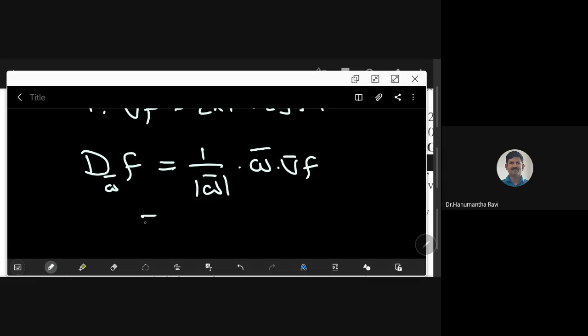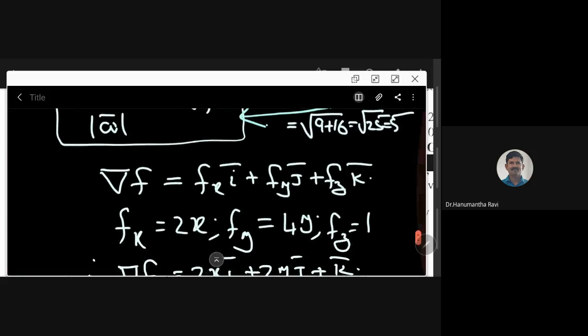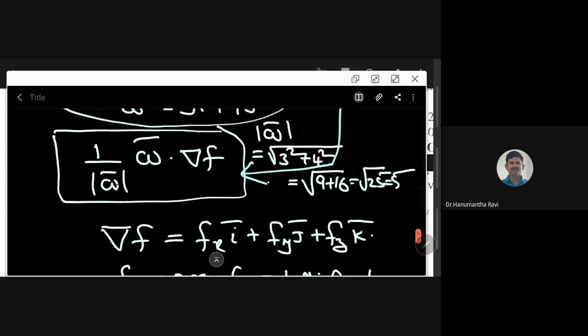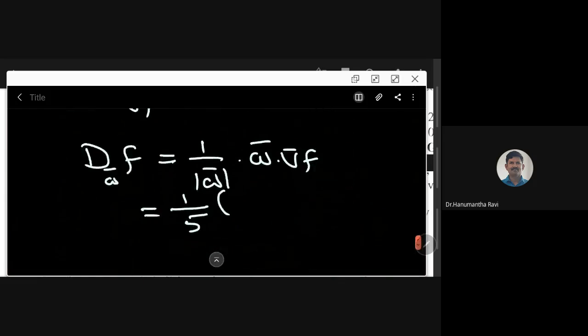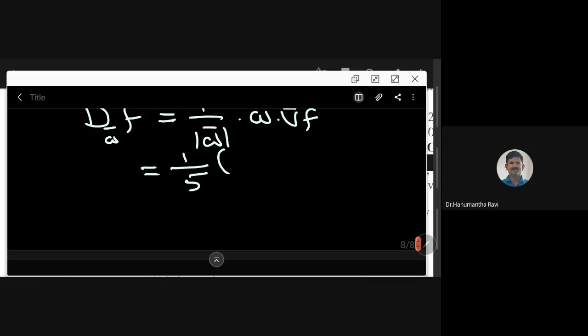So this is equal to 1 by 5, because just now we found a bar, into the dot product. Here, what is a bar? A bar is 3 i bar plus 4 j bar.